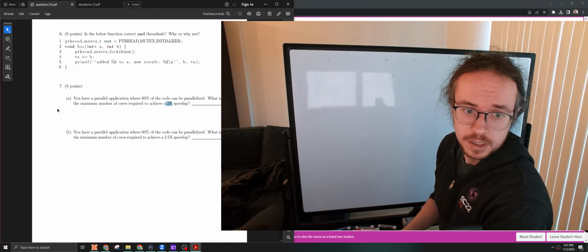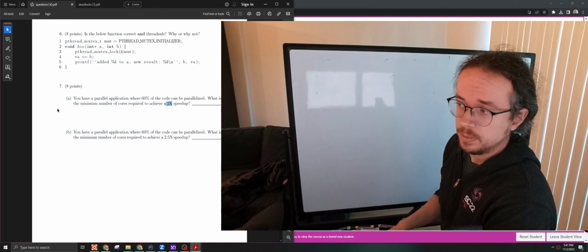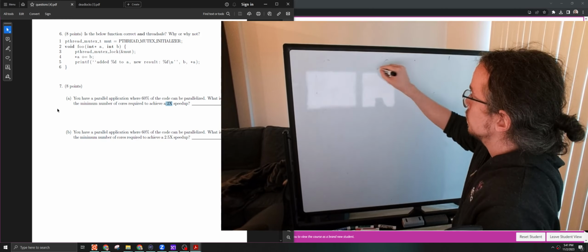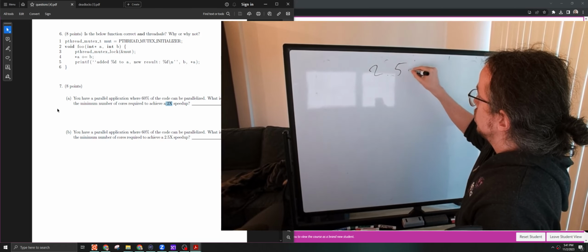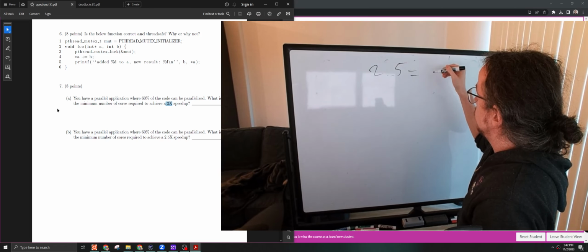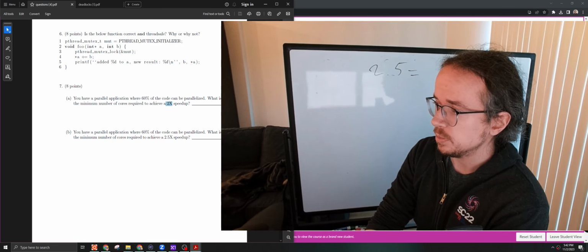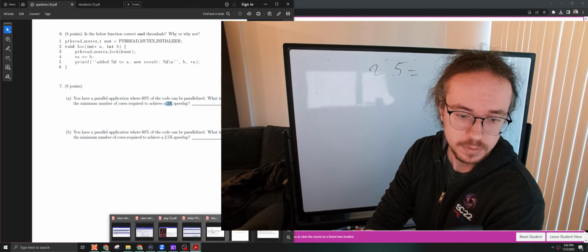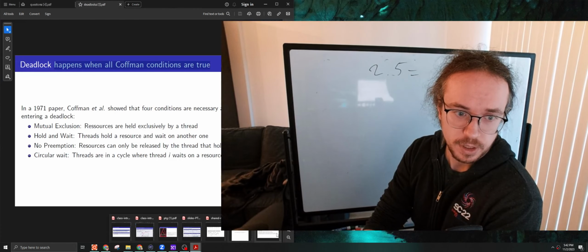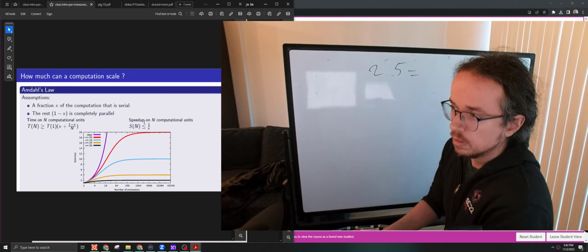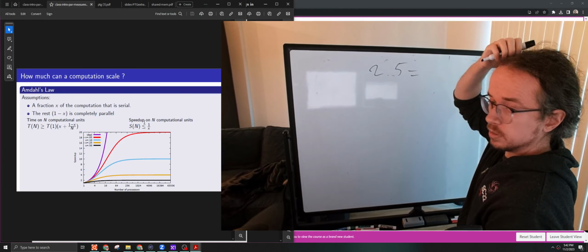And let's go ahead and take a look at that real quick. So the next problem asks the same question, but it asks you for a 2.5 times speed up. 2.5 equals, let's take a look real quick and remind ourselves our speed up equation. We're going to try to do the same thing. We're going to try to solve for our unknown here.